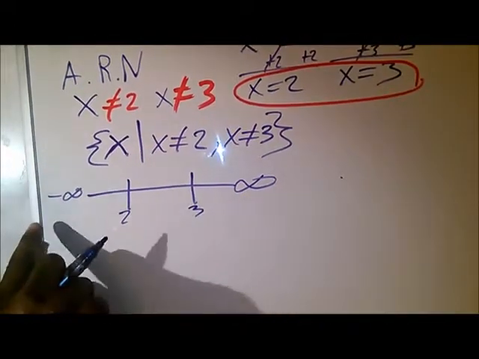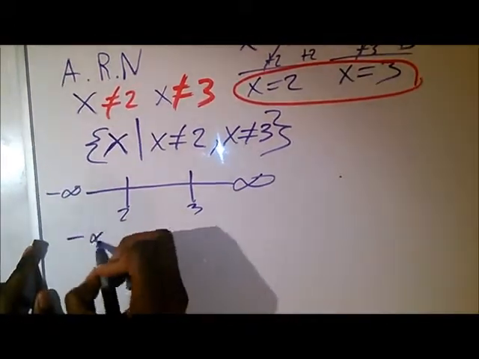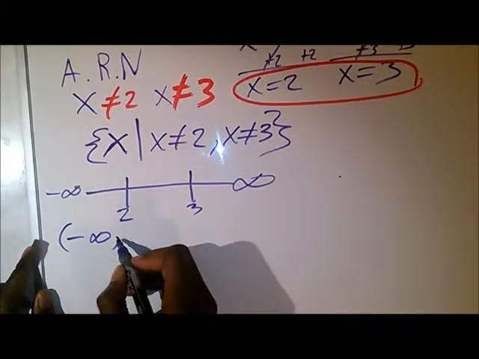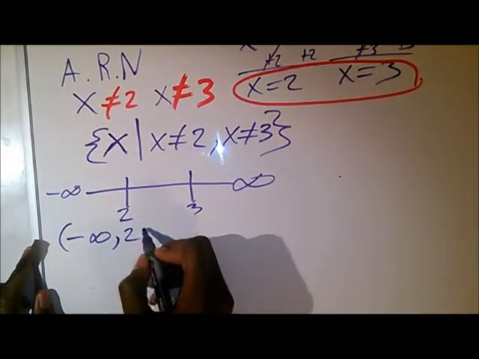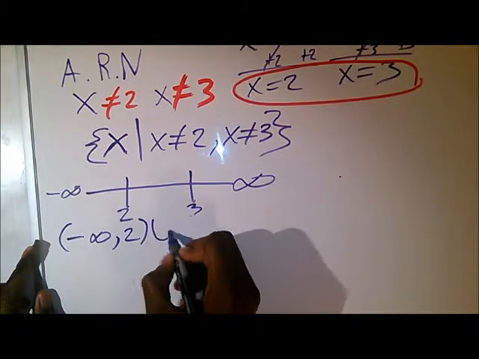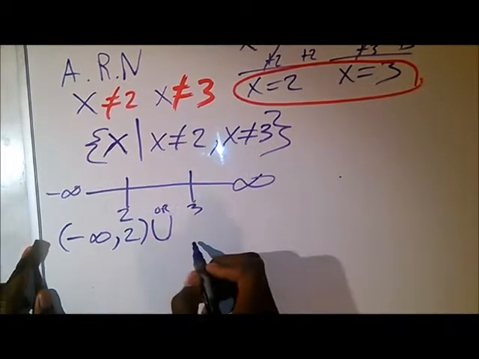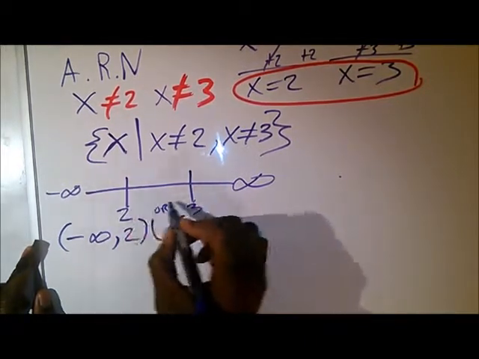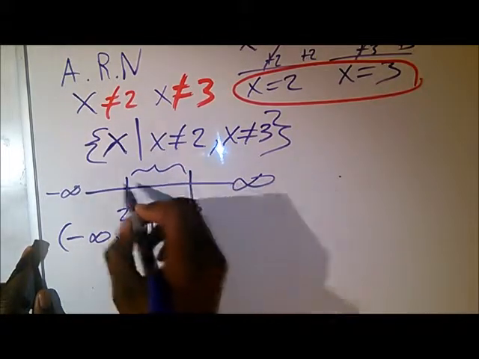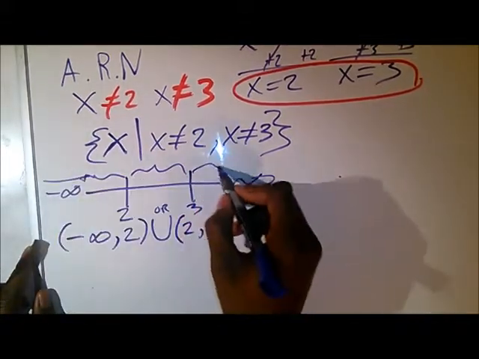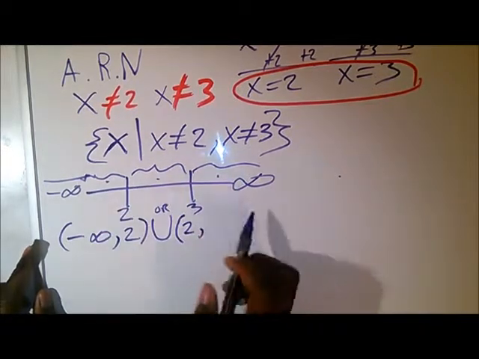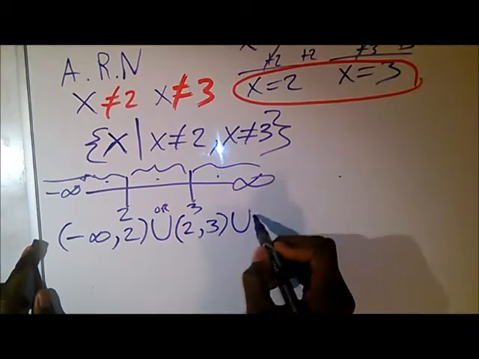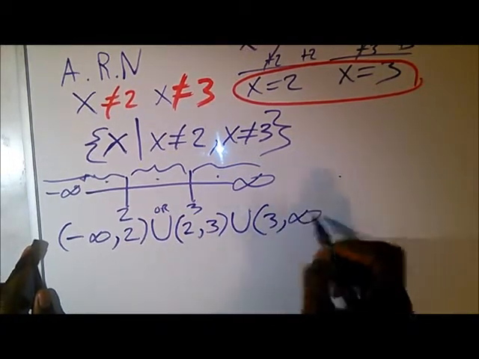Interval notation is every number from negative infinity to 2, or, this U-shaped symbol means or, from 2 to 3, or 3 to infinity. So you have three different regions.